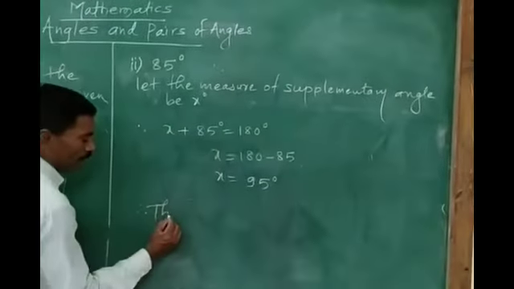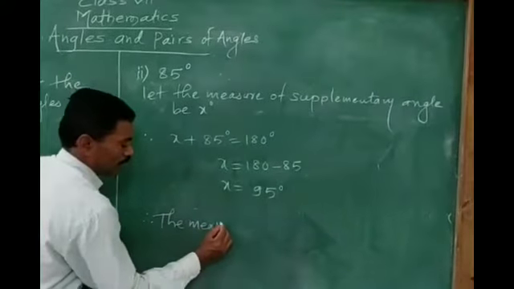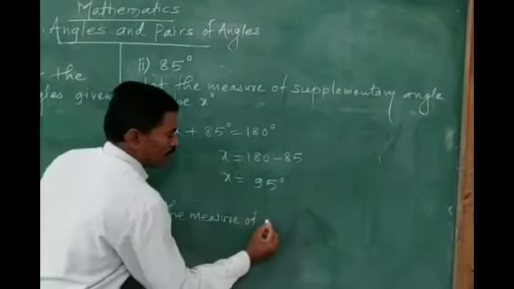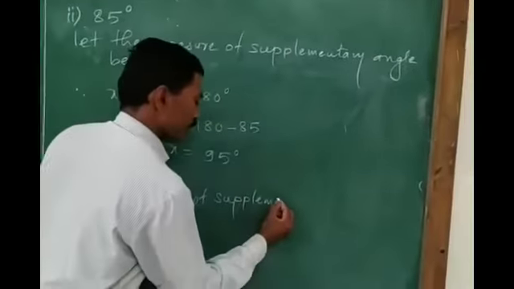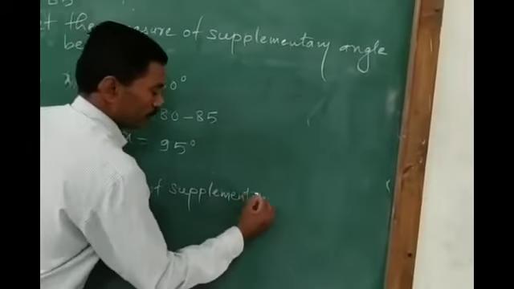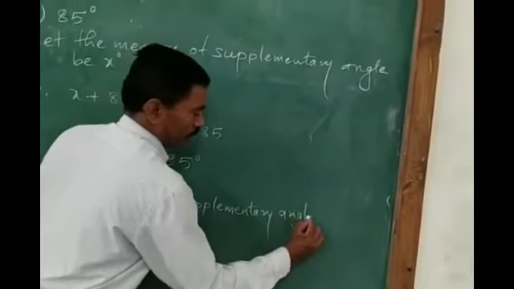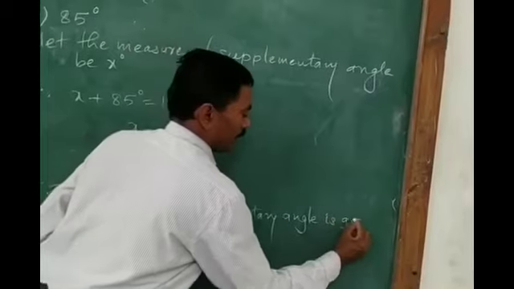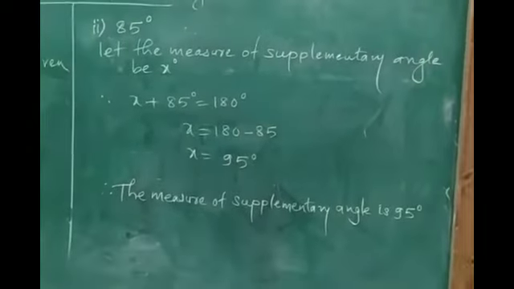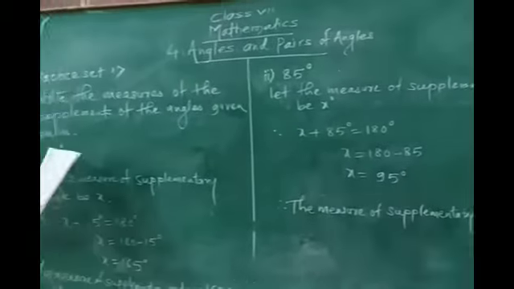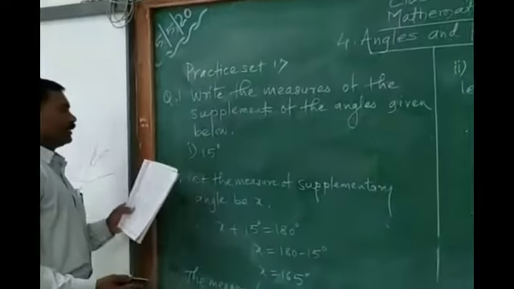Therefore the measure of the supplementary angle is 95 degrees.